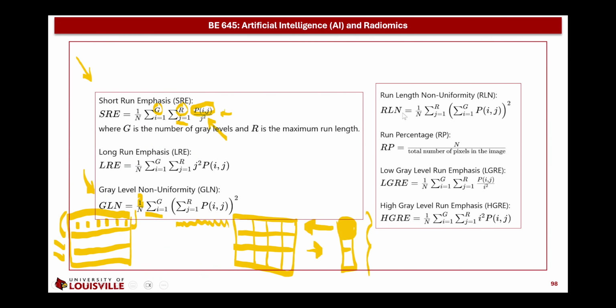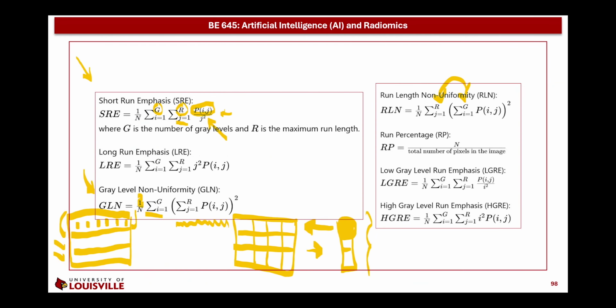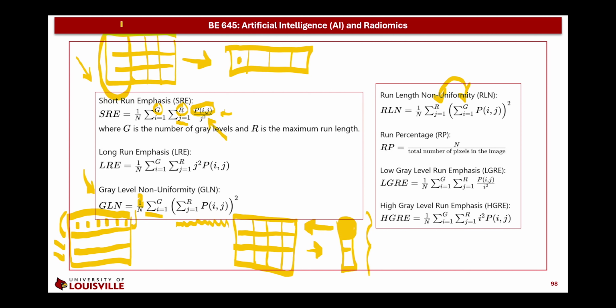For RLN, it's the same, but instead of summing the columns, we will sum the rows. As you see here, the two loops are swapped. So instead of axis of 1, we will get axis of 0. And this means if we have a matrix of 3 rows and 4 columns, it will generate a horizontal vector of 4 values, where each value here will be an operation done on a set of rows in a specific column.